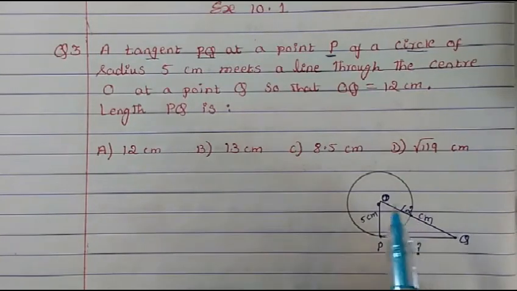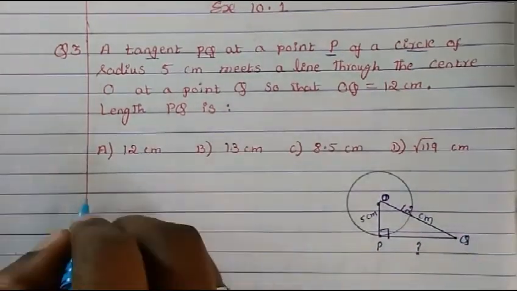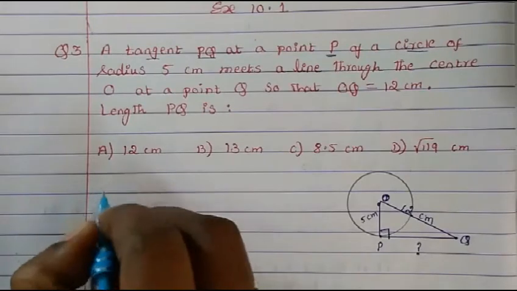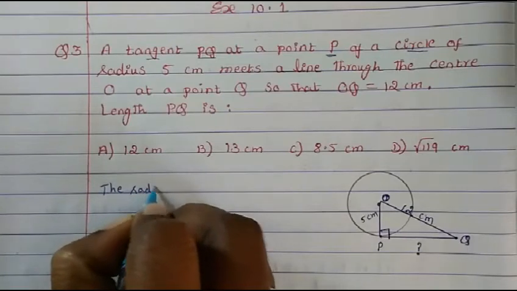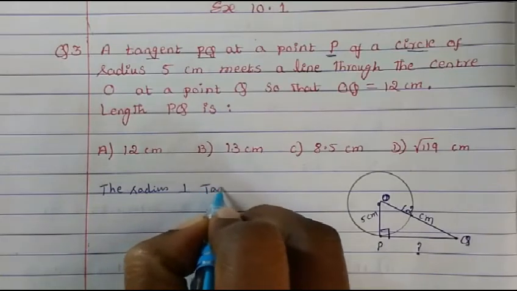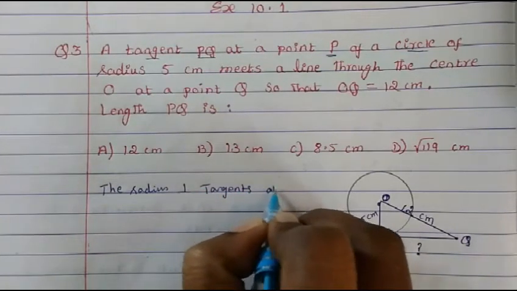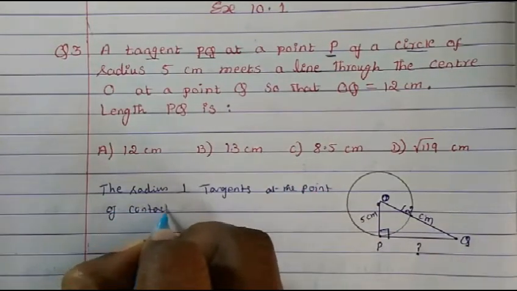Now we have studied in the theorem that the radius is perpendicular to the tangent. So this becomes 90 degrees, and automatically it becomes a right angle triangle. The same statement we can write down: the radius is perpendicular to the tangent at the point of contact.